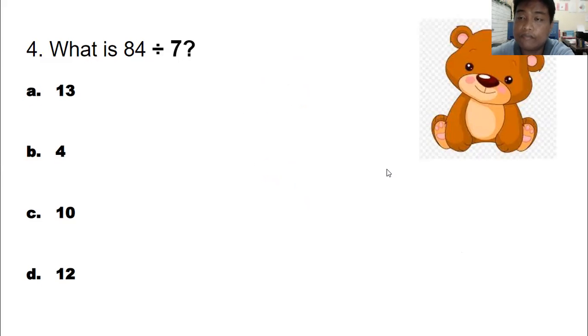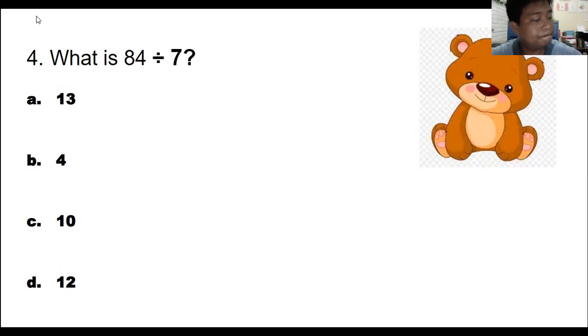If you have pen and paper or pencil and paper, you try to solve and give your answer.